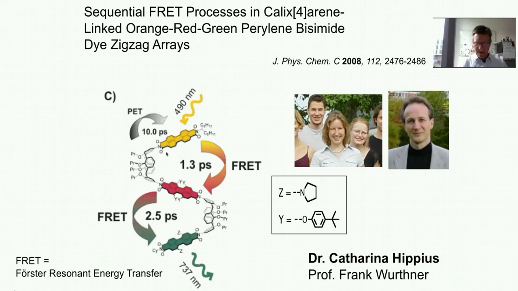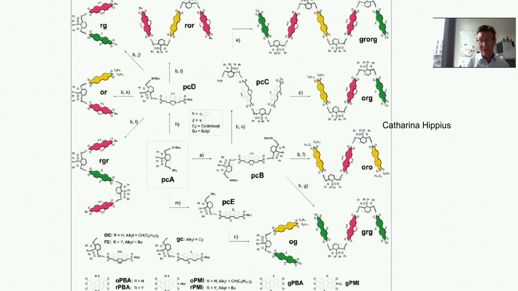It is a calixarene-linked perylene bisimide, and we looked at FRET processes. Katharina made all these difficult molecules, so a lot of synthetic work as well. And I'm not going to dwell on that.